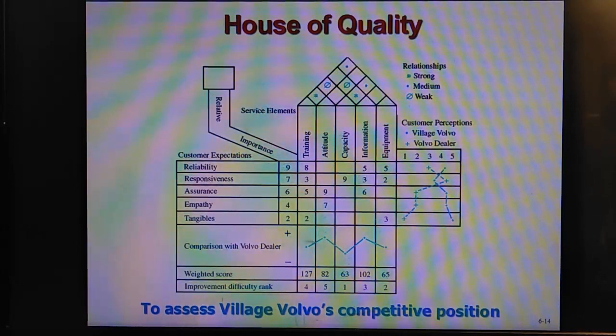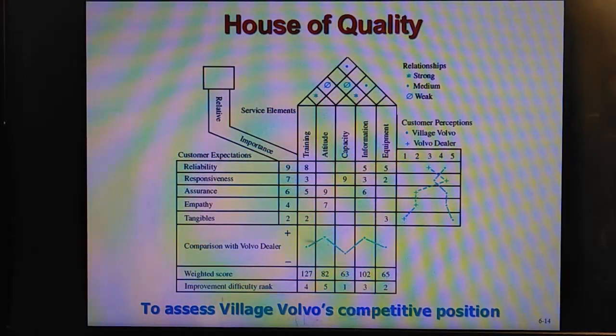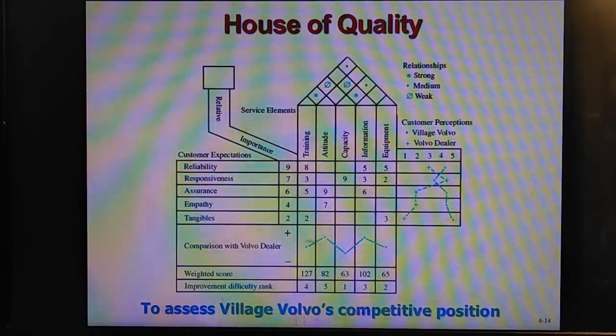Next part is about house of quality. House of quality is a method to assess a service system provider. For example, this is a Volvo village.